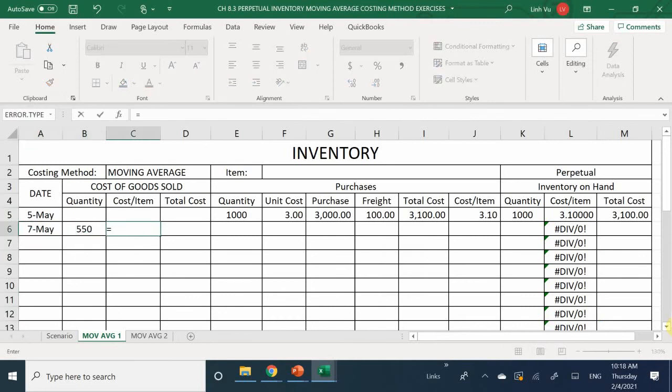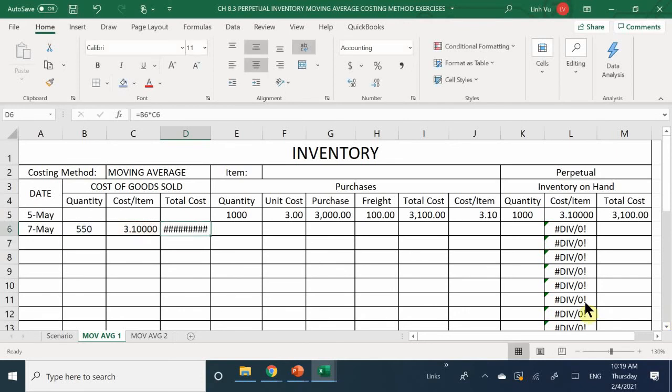What is my cost per item? $310. Okay. And with that being said, what is going to be my value here, or my total cost? $17.05. So we've seen this before.